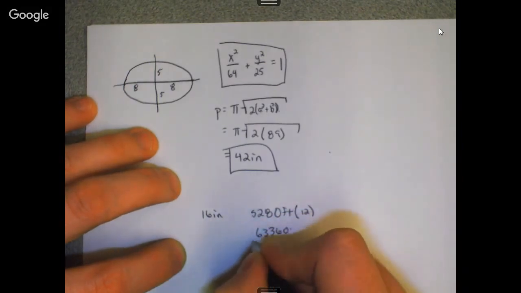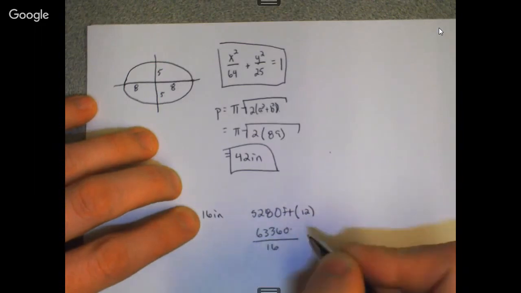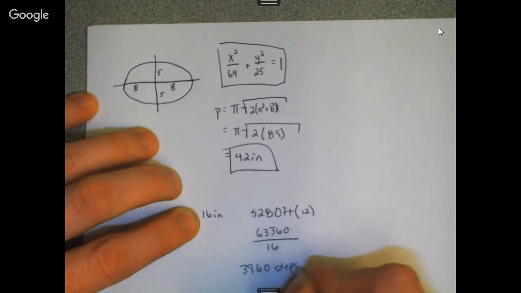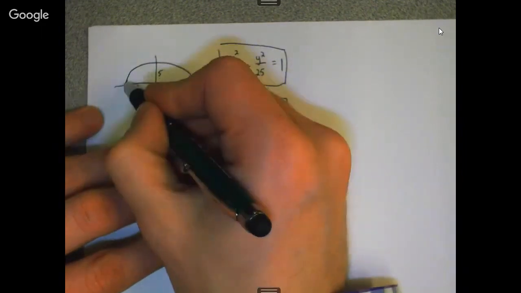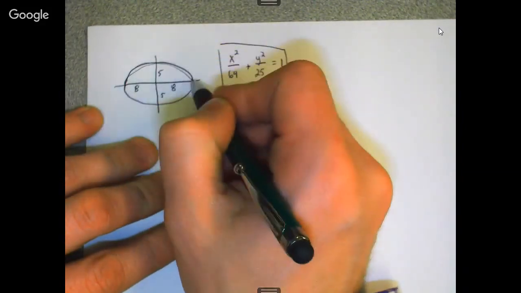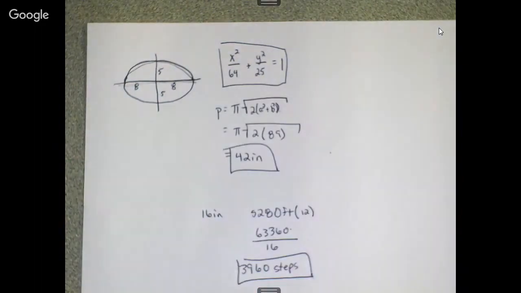If I divide that by my 16 inches, I'll get 3,960 steps. Okay, don't confuse this pattern. This is just the distance your foot is traveling. This is the actual step length. That's 1 foot in front of the other.